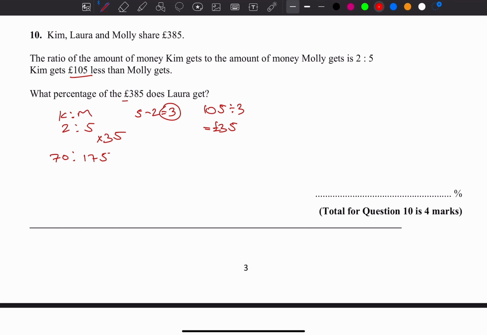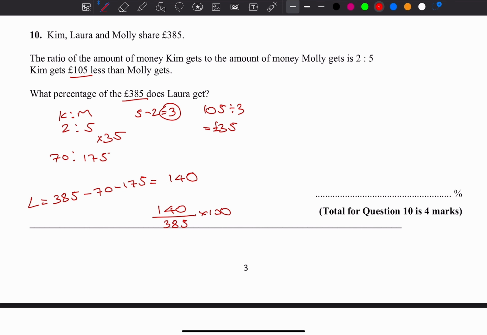How much Laura gets? Remember, Laura will get whatever is left over from the 385. 385 take away 70, take away 175. Laura gets 140. What percentage does Laura get? 140 out of total. Total is 385.